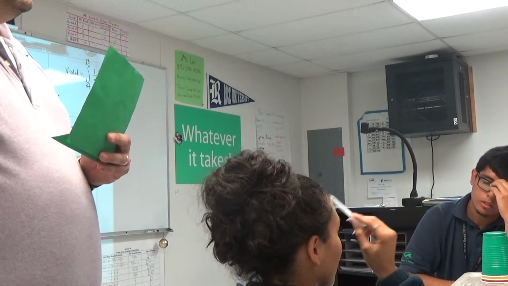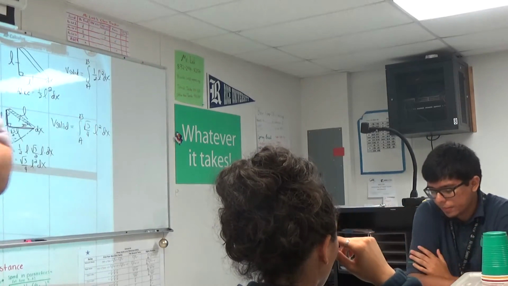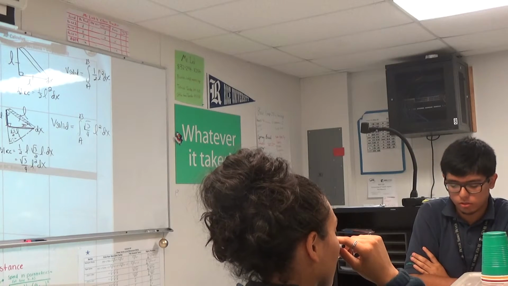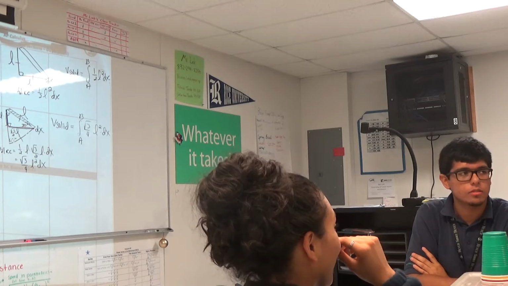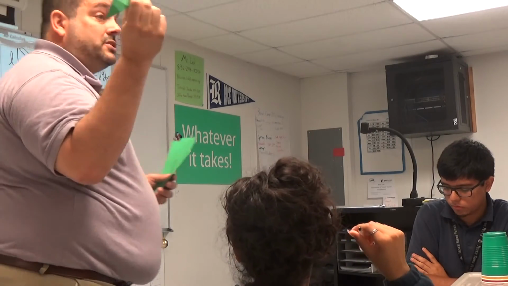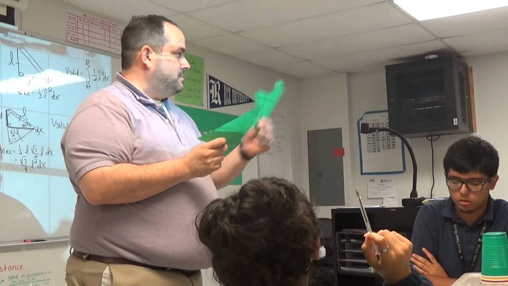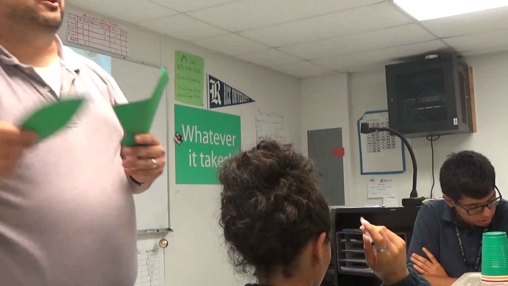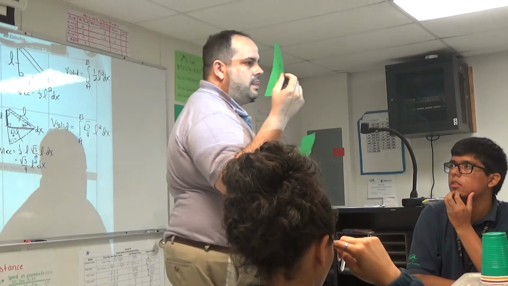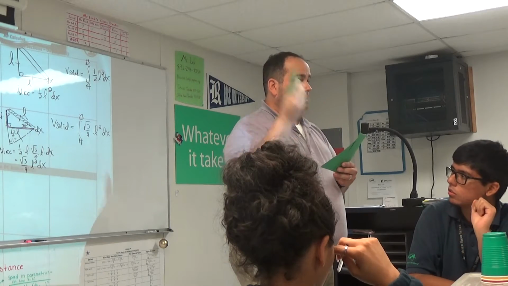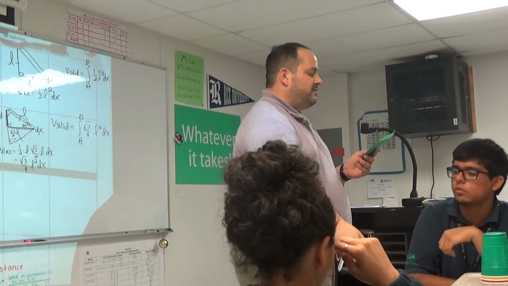Right isosceles triangle perpendicular to the y-axis? 1/2 L squared, and then it has to be dy because you're going this way. Semicircle perpendicular to the x-axis, dx. Semicircle, 1/8 pi L squared, pi over 8.